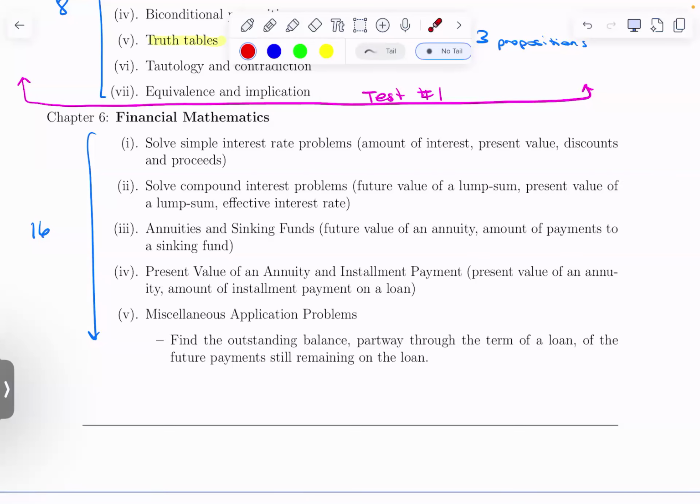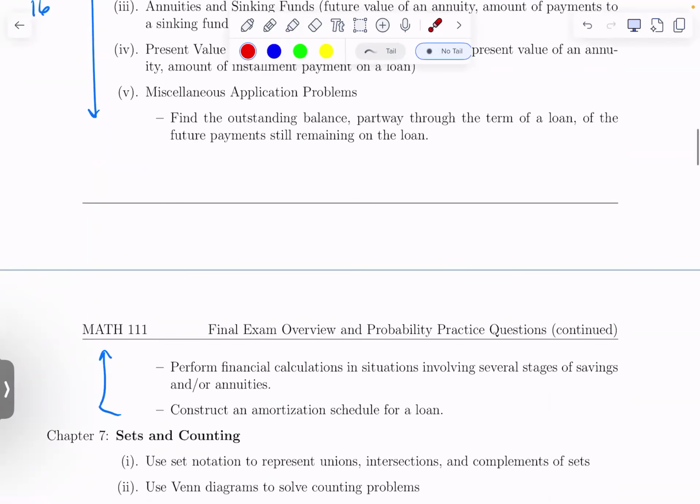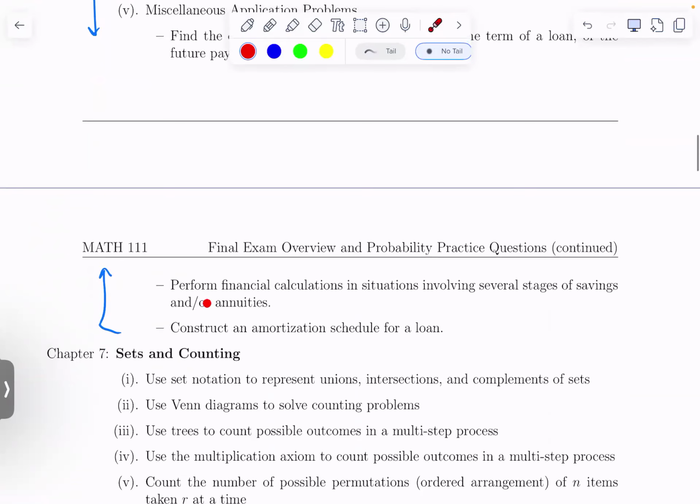Finding the payment amount. And then how do you find the outstanding balance partway through the term of the loan, right? Then you have to bring that amount back that you were going to pay, and then your payment numbers become the number of remaining payments.